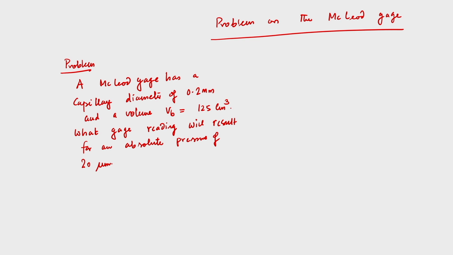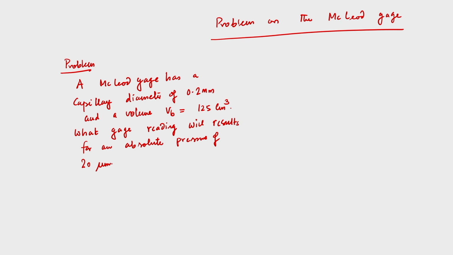So a McLeod gauge has a capillary diameter of 0.2 millimeter and a bulb volume VB of 125 centimeter cube, if we recall the schematic of the McLeod gauge. Then we need to calculate what gauge reading will result for an absolute pressure of 20 micron. So this is the question. Now we have to solve this problem.